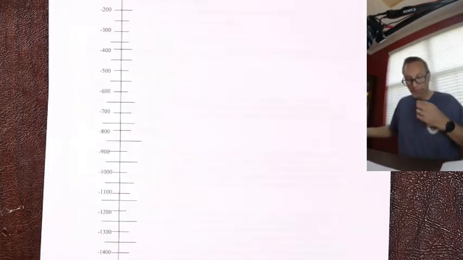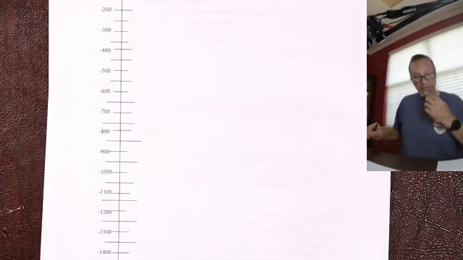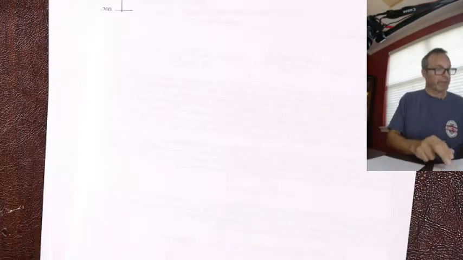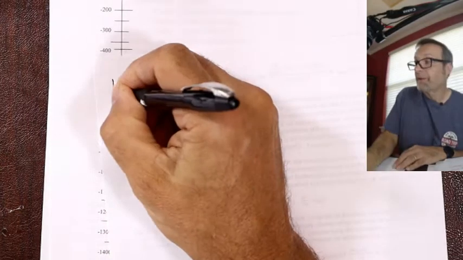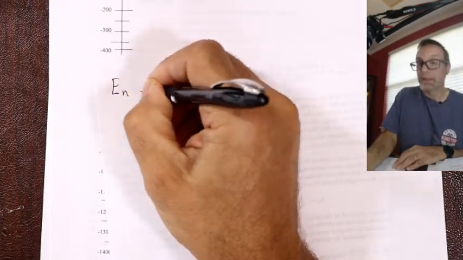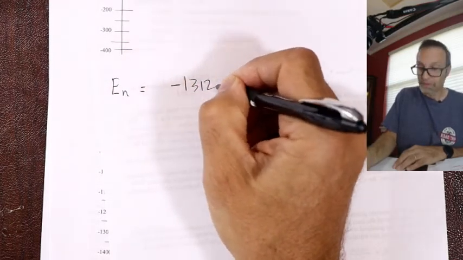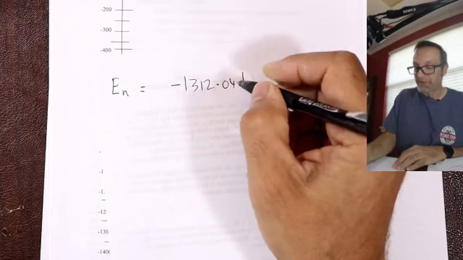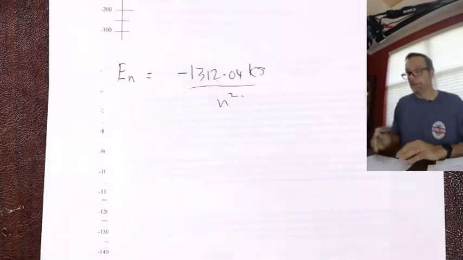Now to do this, you need an equation, right? It's in the packet, but I'm going to find mine. Okay, here it is. E_n equals, and we like kilojoules, minus 1312 kilojoules over n squared, right?